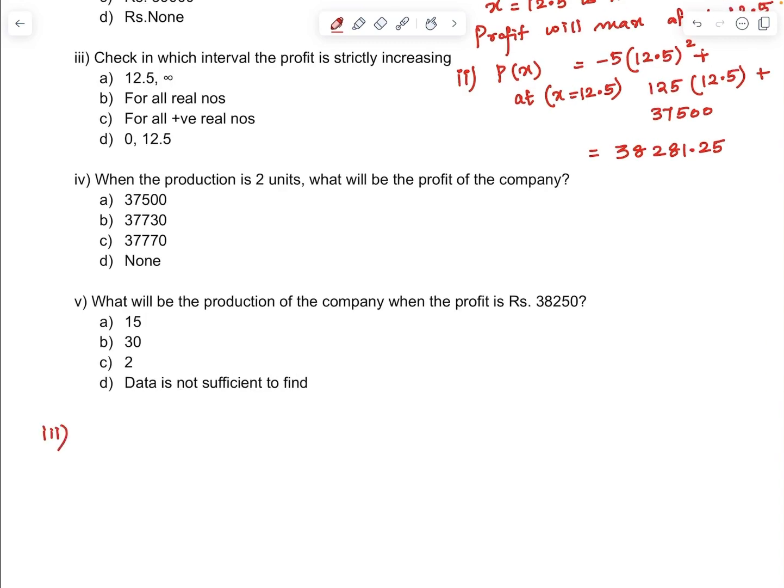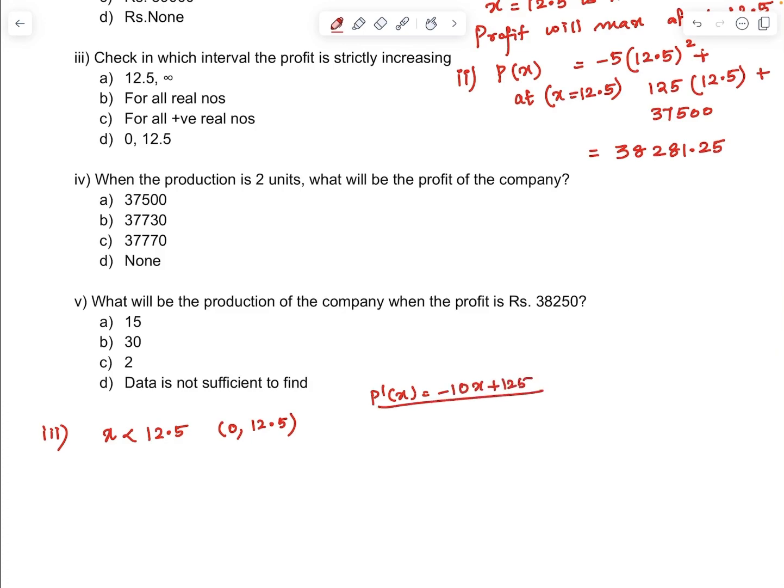Subdivision 3. Check in which interval the profit is strictly increasing. Let's analyze the behavior of p dash of x in the two intervals. One is x less than 12.5, that is 0, 12.5. P dash of x is minus 10x plus 125.